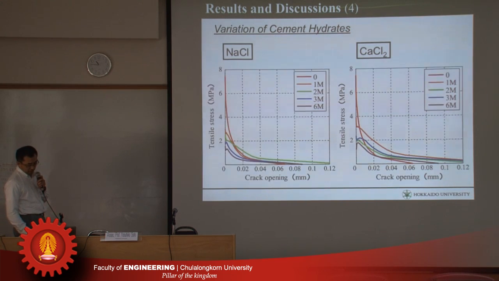After that, using the back analysis, we can detect the tension softening curve for each solution. Then of course, the tension softening, I mean the fracture energy, is really changed because of the deterioration of the hydrate.